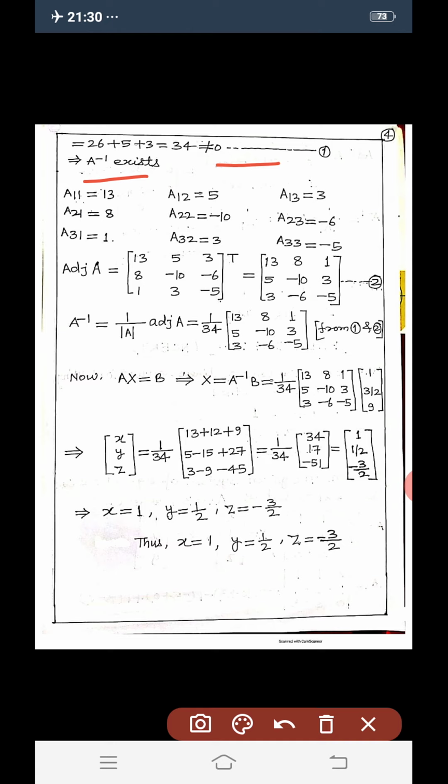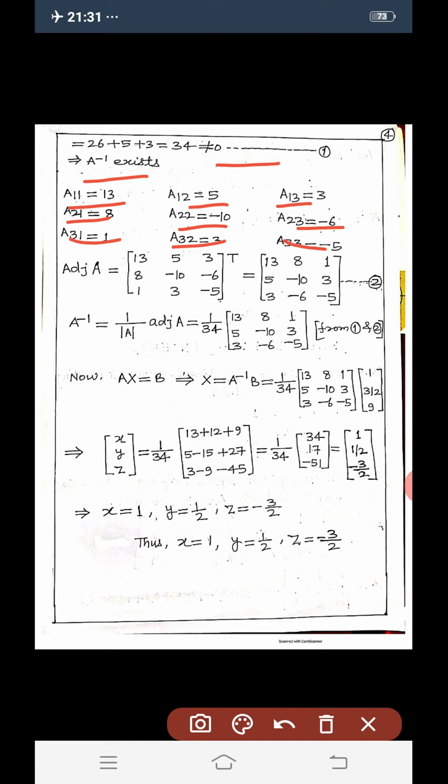Now we find the cofactors of each element in determinant A. We have A11 = 13, A12 = 5, A13 = 3, A21 = 8, A22 = -10, A23 = -6, A31 = 1, A32 = 3, A33 = -5.